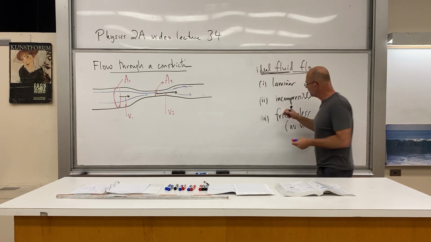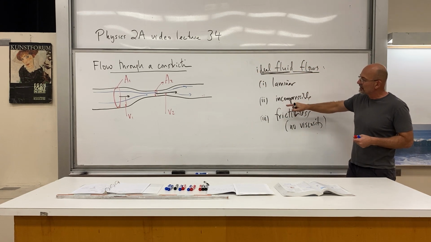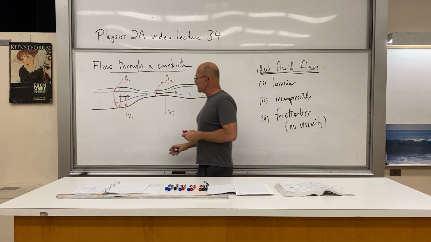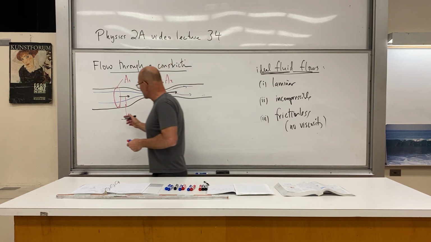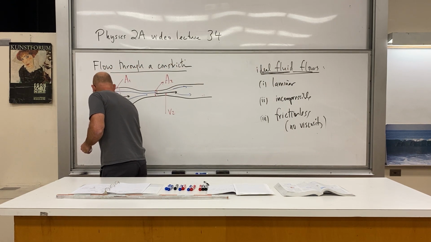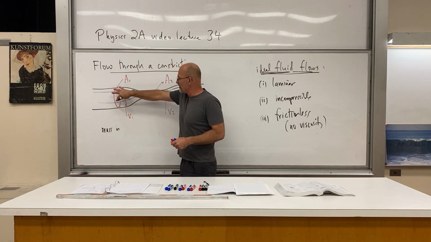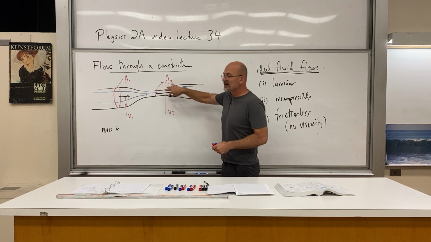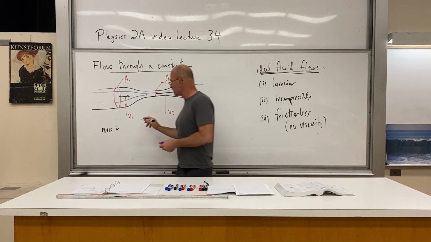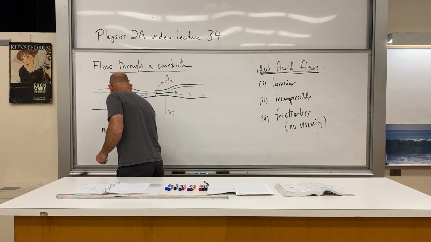And we're going to assume this incompressibility here, and mass is certainly conserved. In other words, as much water flows into the constriction as flows out of the constriction. Okay, that's what we mean when we say mass is conserved.